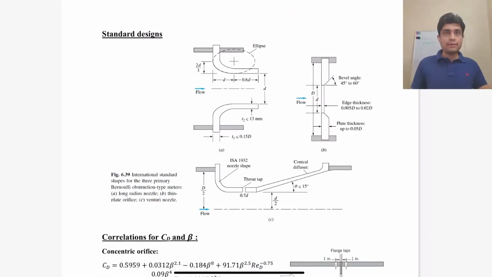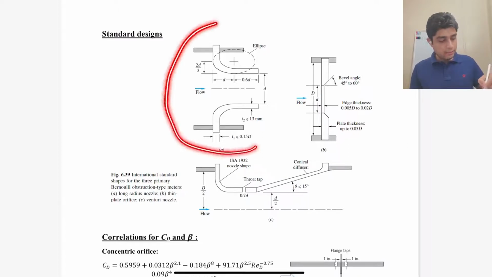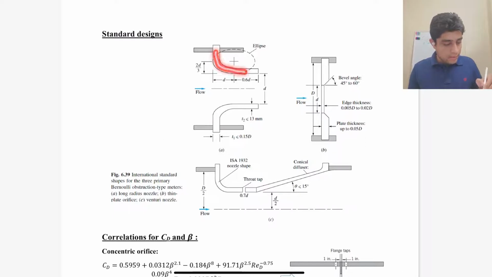So since these are very popular and widely used designs, there are some industry standards so that we can make use of the already tabulated data for the coefficient of discharge. And some of these are given here. The first one is for a flow nozzle. Then you can see there is a standard for the shape of this curvature here and the length that should be used.